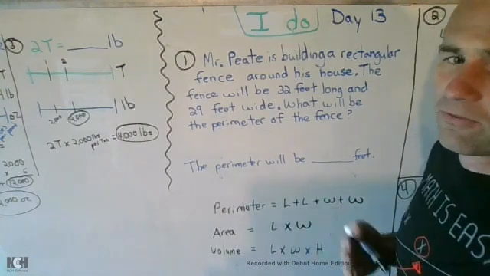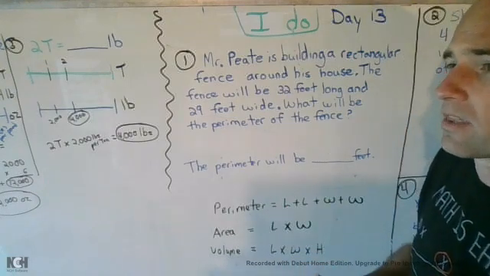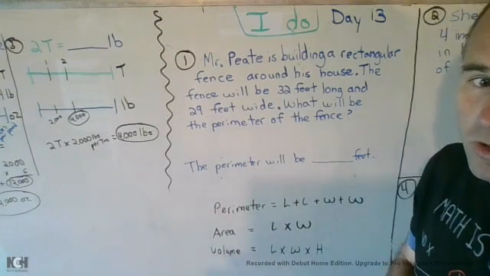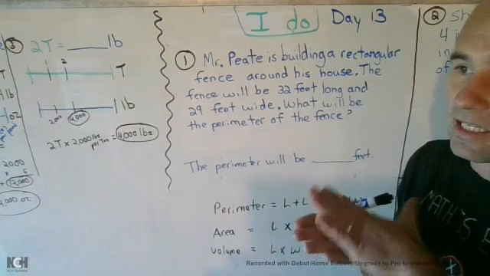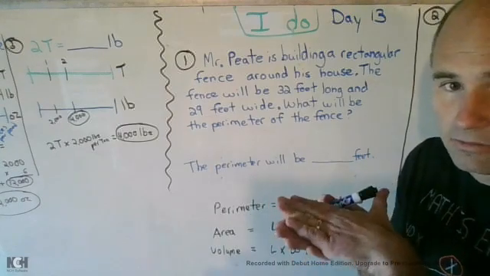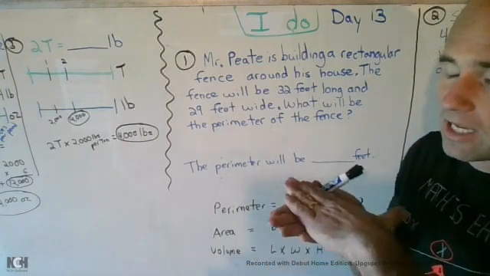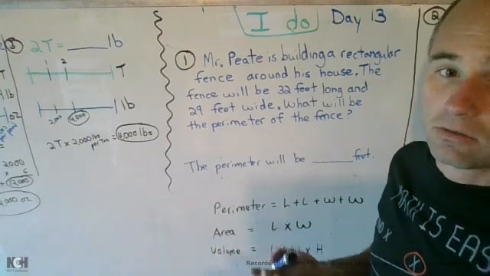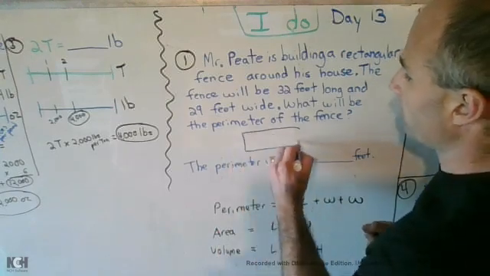Then we get to something called volume. Volume, you're doing length times width times height. Okay? So with volume, you're not just talking about a flattened plane area. When it comes to perimeter and area, you're just kind of looking at a flat plane like we do with a rectangle, right? Okay, a rectangle is a flat plane.